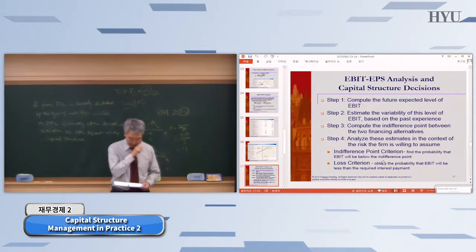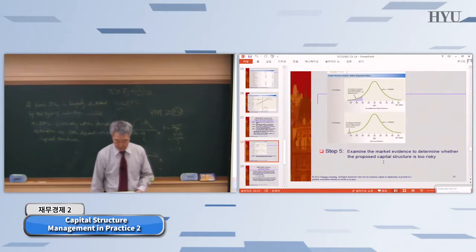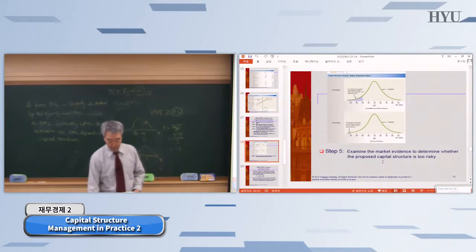And let's say currently they found out, according to this chart, based on the history, the expected level of EBIT, or average level of EBIT, is 500,000. Okay? And the standard deviation is 300,000. Okay?